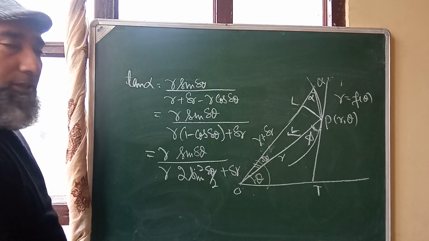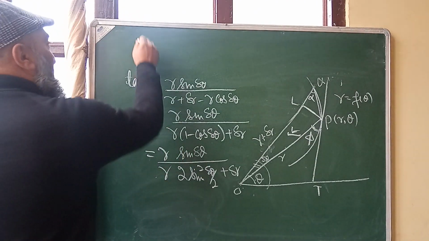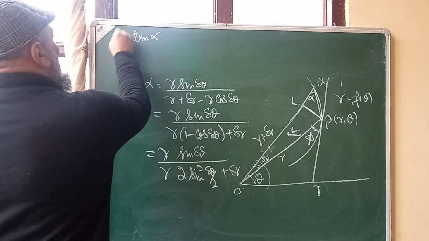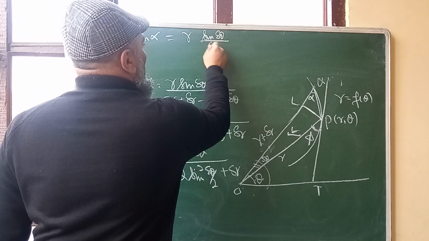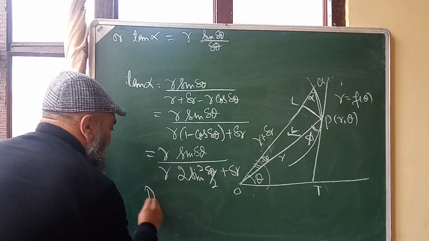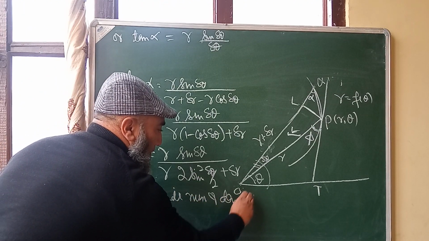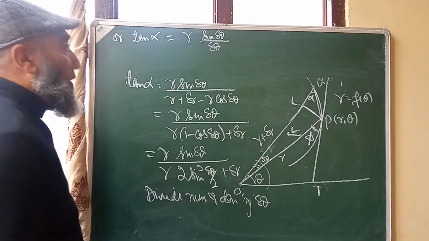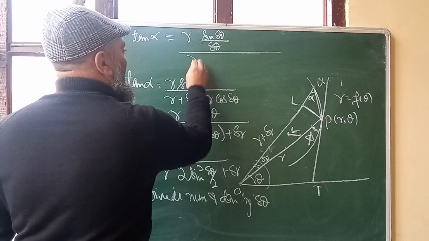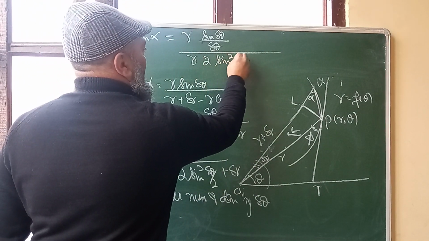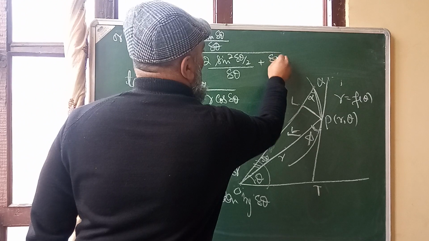Now let me divide numerator as well as denominator by del theta. So tan alpha is equal to R sine del theta by del theta, divided by R twice sine square del theta by 2 divided by del theta, plus del R by del theta.